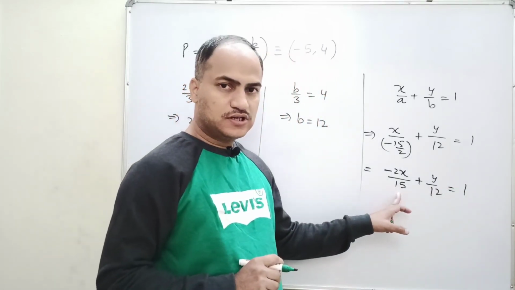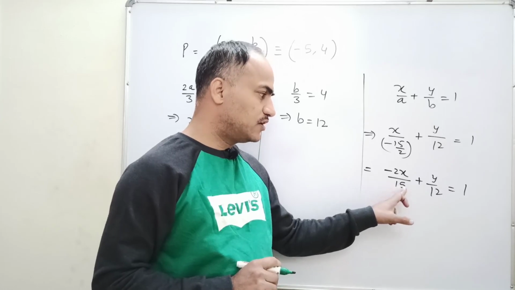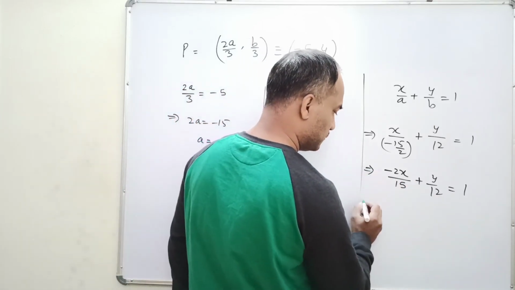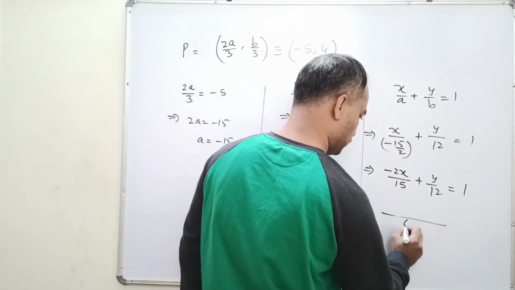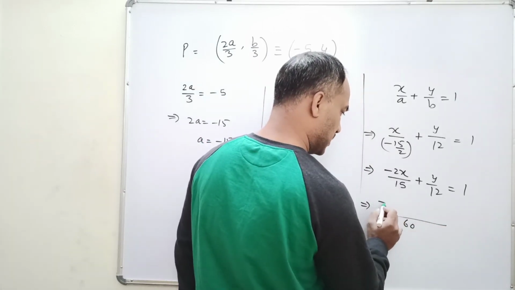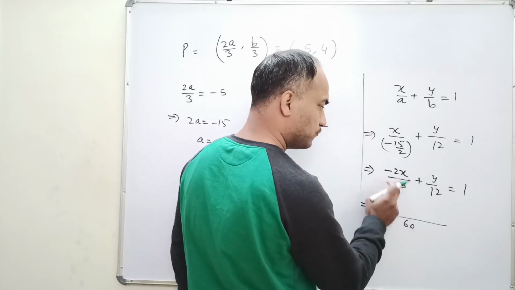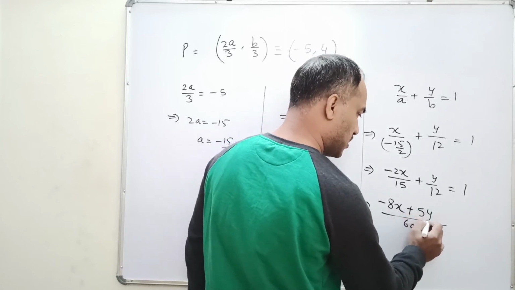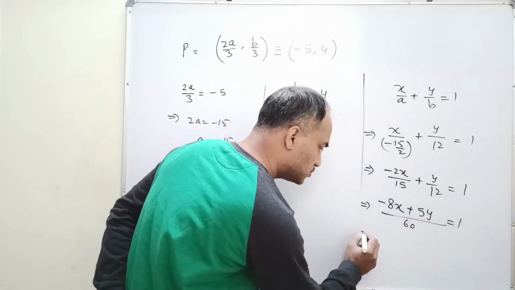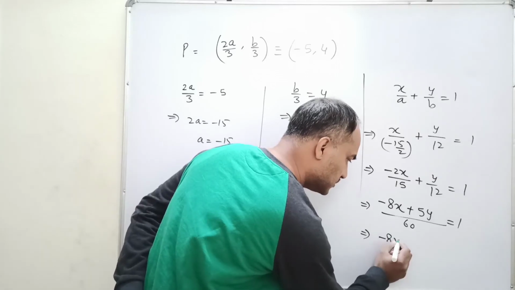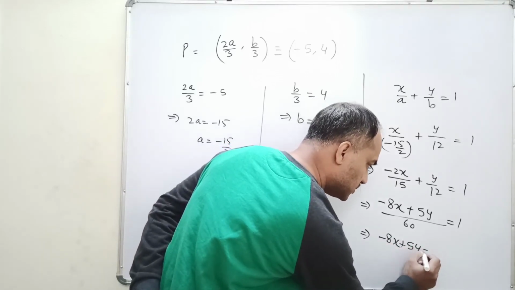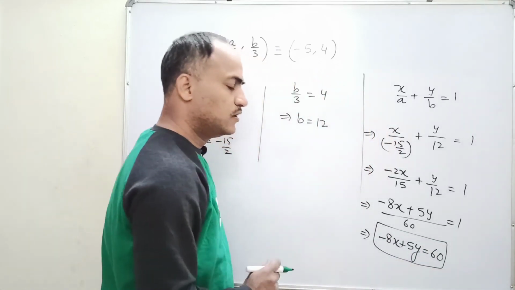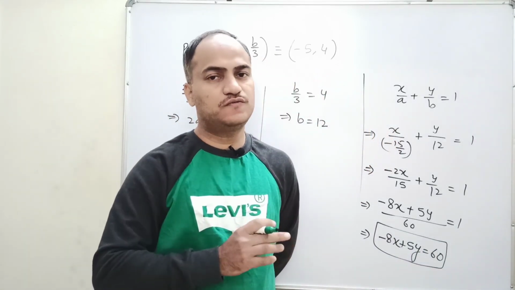If you want to take the LCM, the LCM of 15 and 12 is 60. So this becomes -8x + 5y = 60. This is the final equation of the question.